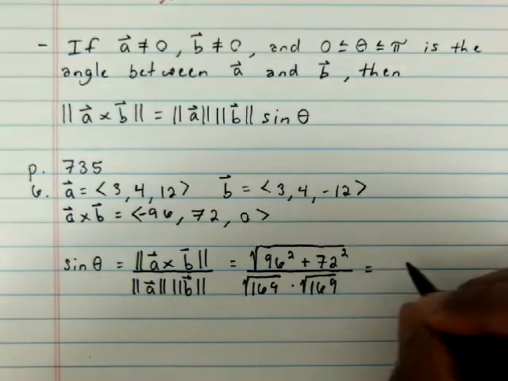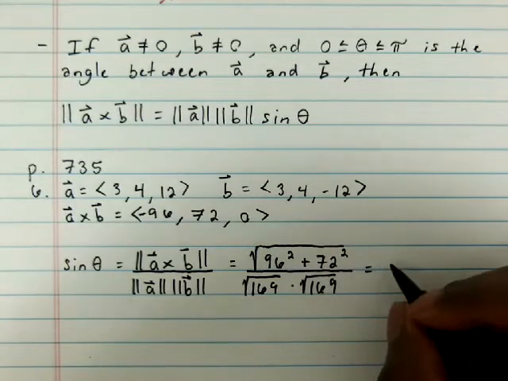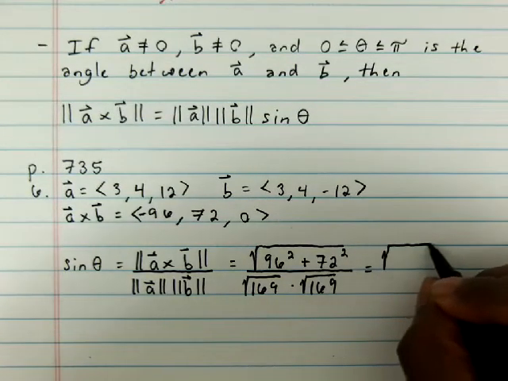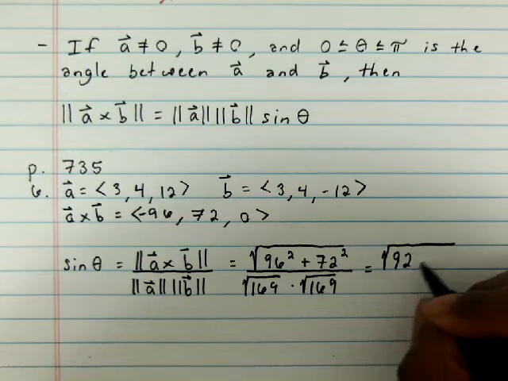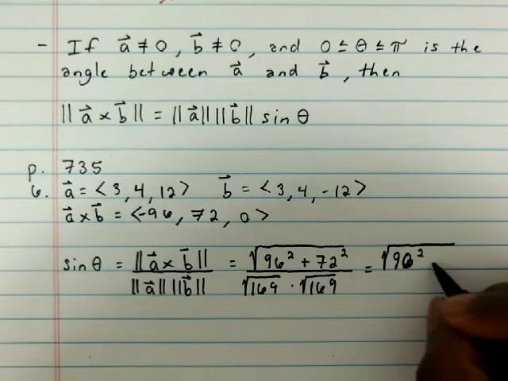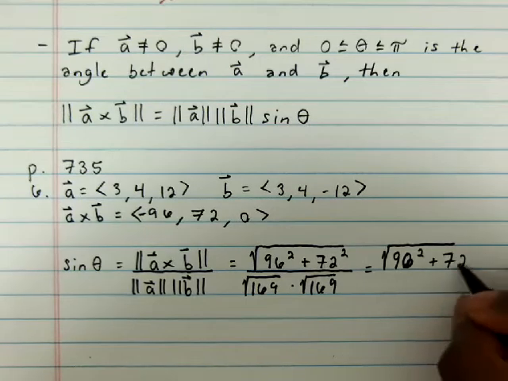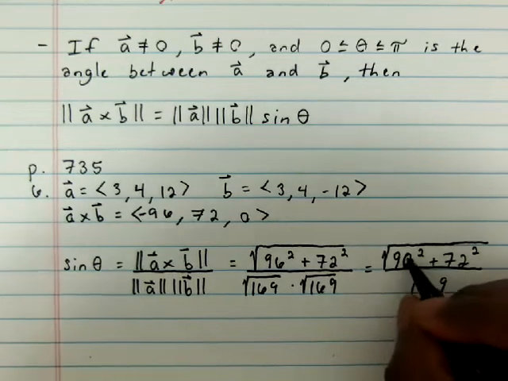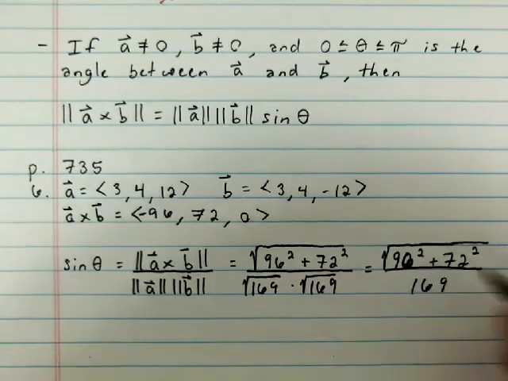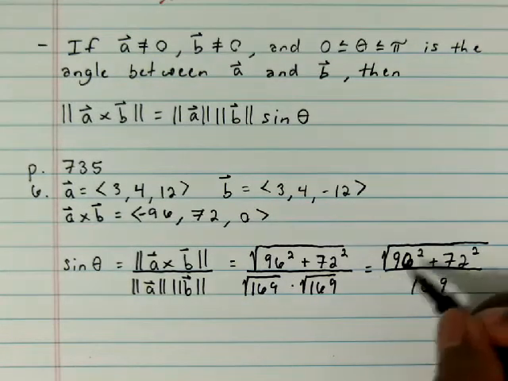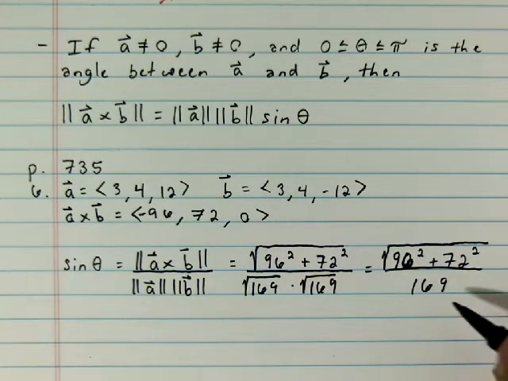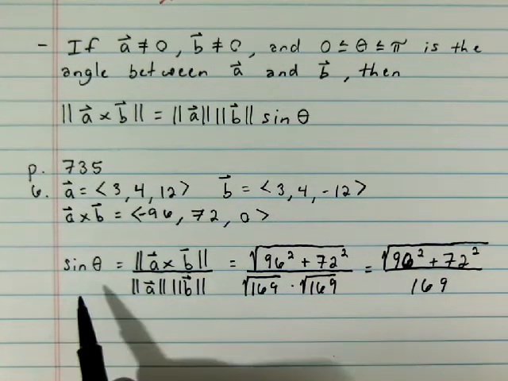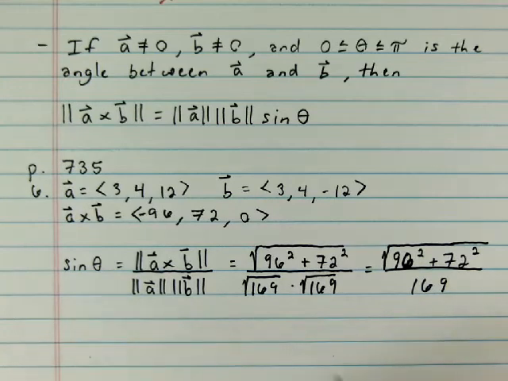I'm not going to compute that numerator. So that's the square root of 96 squared plus 72 squared, over 169. That is the sine of theta.